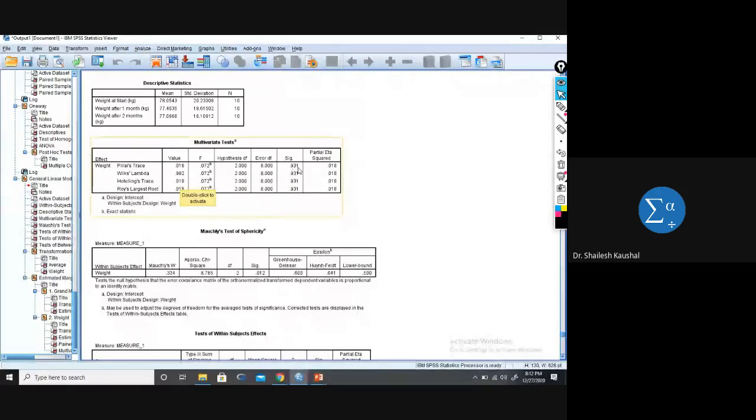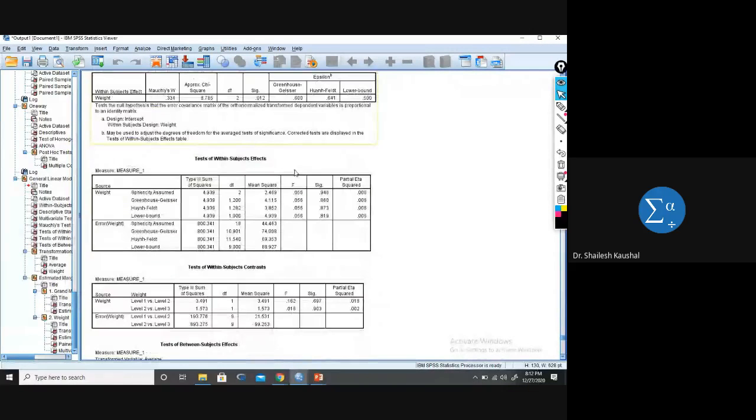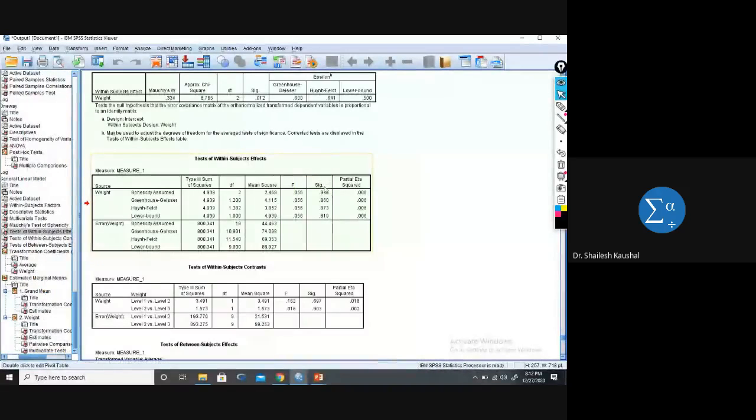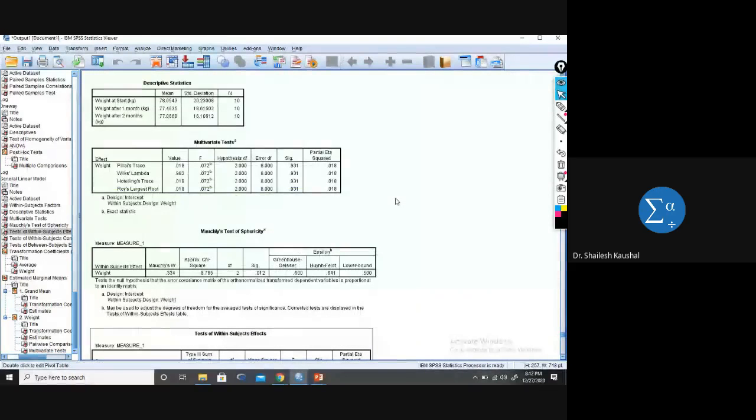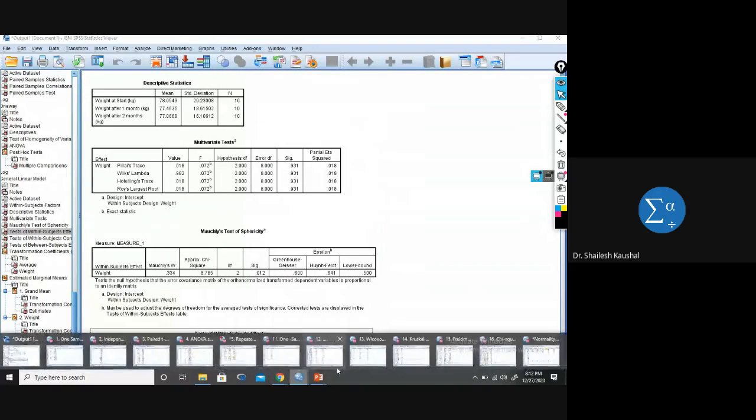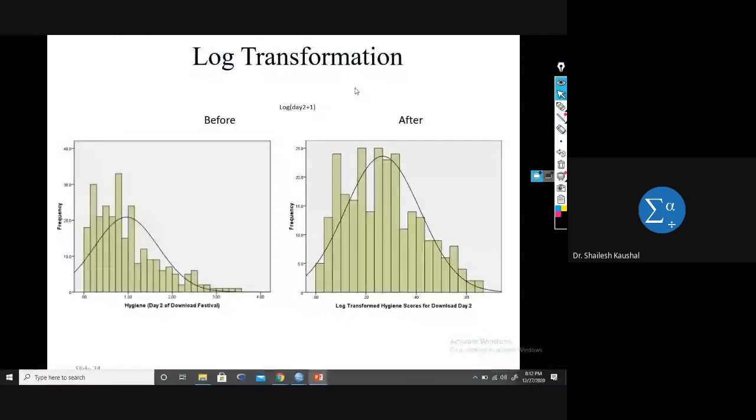It is 0.931. Again, here we can see the p-values. All the p-values are greater than 0.05. So it means this training program is not effective for reducing the weights of participants.